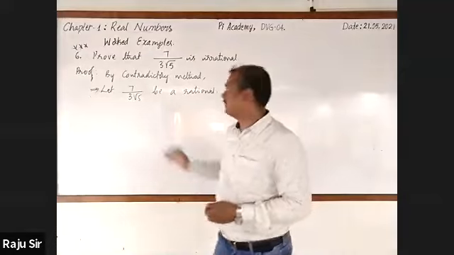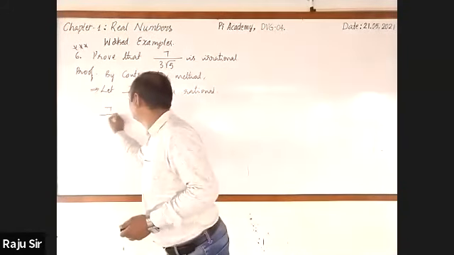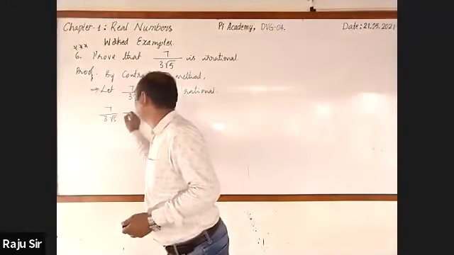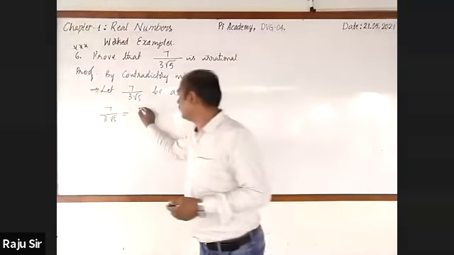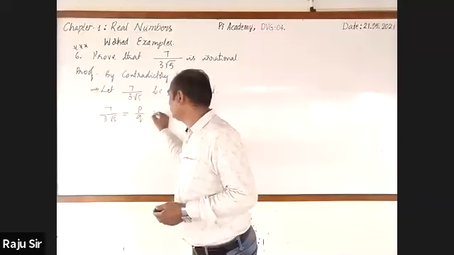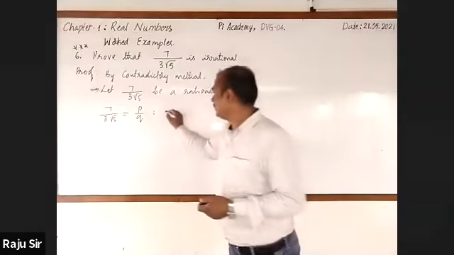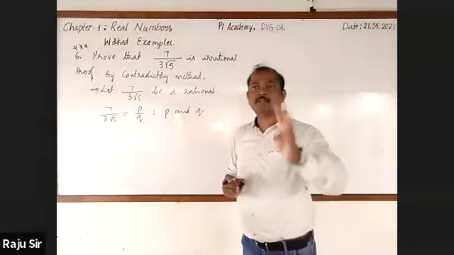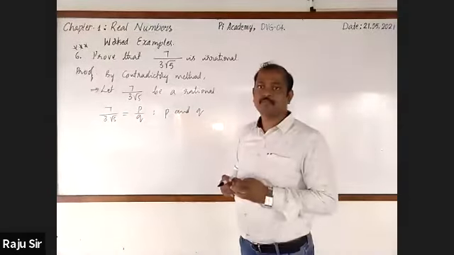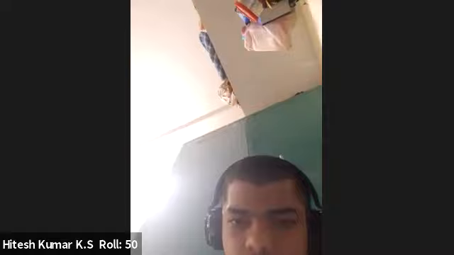If it is a rational, it can be written in the form of P by Q. Right. 7 by 3 into root 5 is equal to P by Q, where P and Q are, should we take integers, co-primes, or rationals? Rationals. Very good.